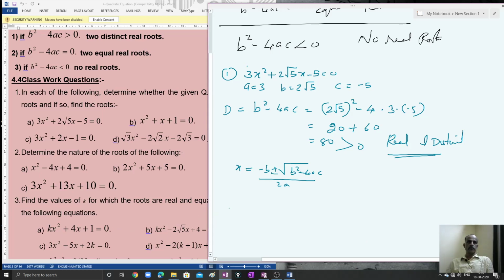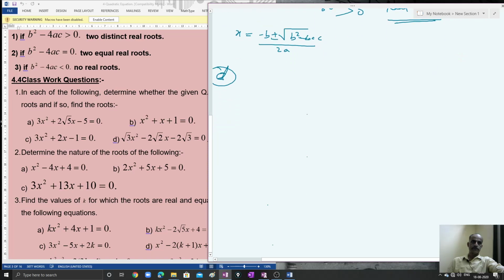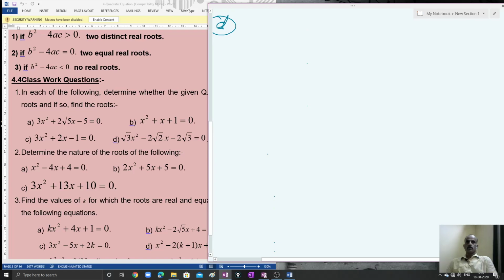Now, we will go for question number D. Question number D is root 3 x square minus 2 root 2 x minus 2 root 3 is equal to 0.